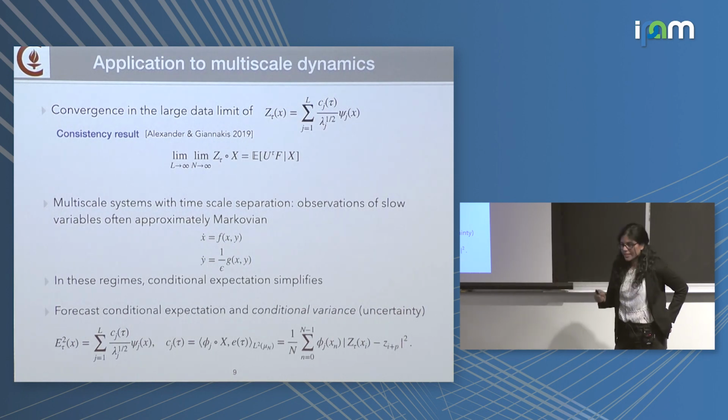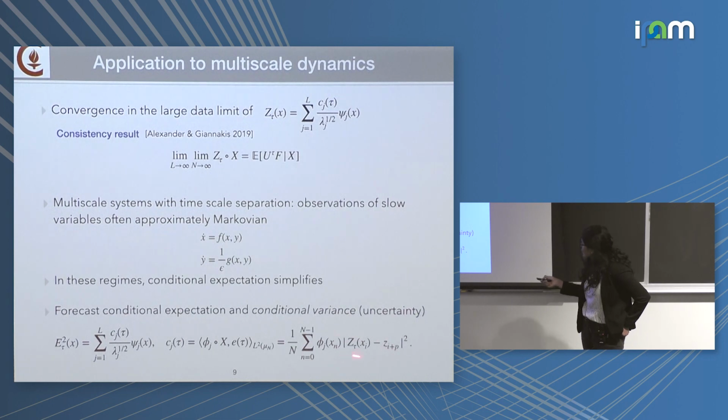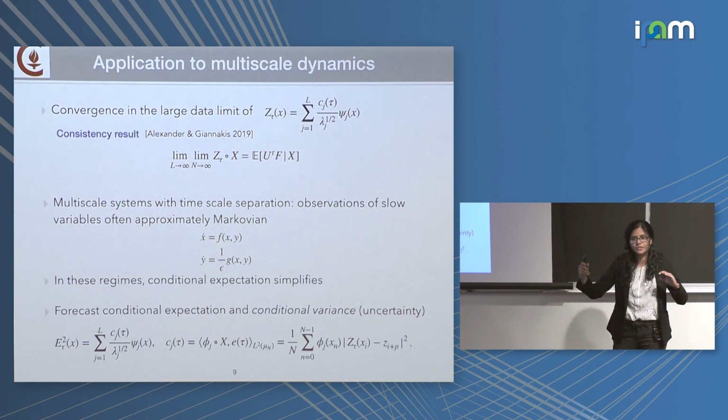So instead of taking the time-shifted value of your response as your observable, you take this error between your actual predictor and the true trajectory on your training data, and then you use the same procedure as before to extend it and compute the new coefficients here. Then you can plot error bars with each value of your forecast.